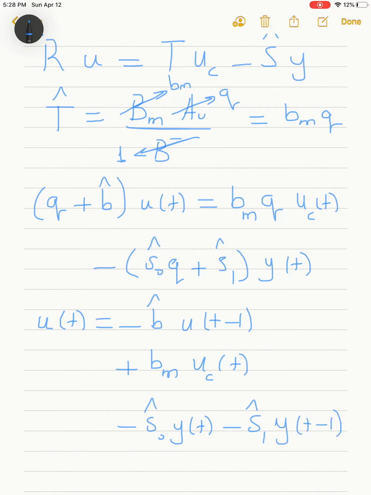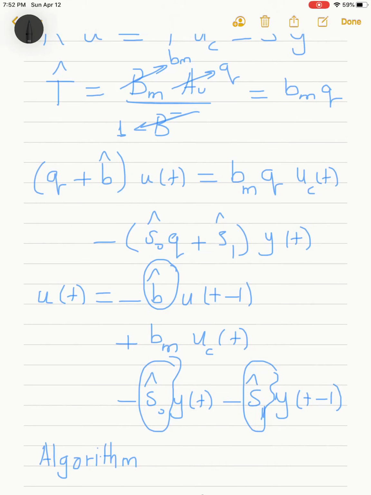So this is the control law, and as we can see, it depends on the estimated parameters b hat, s0 hat, and s1 hat, and that is what makes it a direct self-tuning regulator.